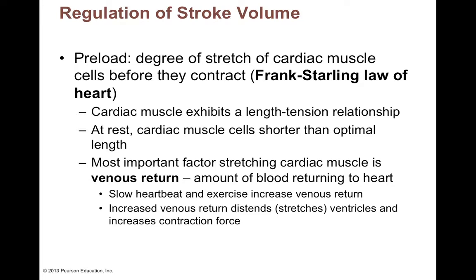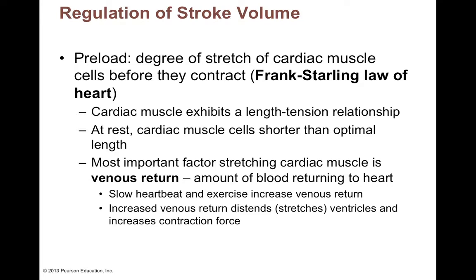Now, if my muscle is overstretched and they're not really overlapping that well, what's going to happen then is that your myosin heads don't have a lot to grab onto because it's way over here, right? So what we're going to find then is that there's an optimal amount of stretch. So the more and more you stretch that muscle, if you overlap the thick and thin filaments optimally, then the myosin heads are going to have more places to bind to. They're going to produce a stronger contraction. And that was generally true.